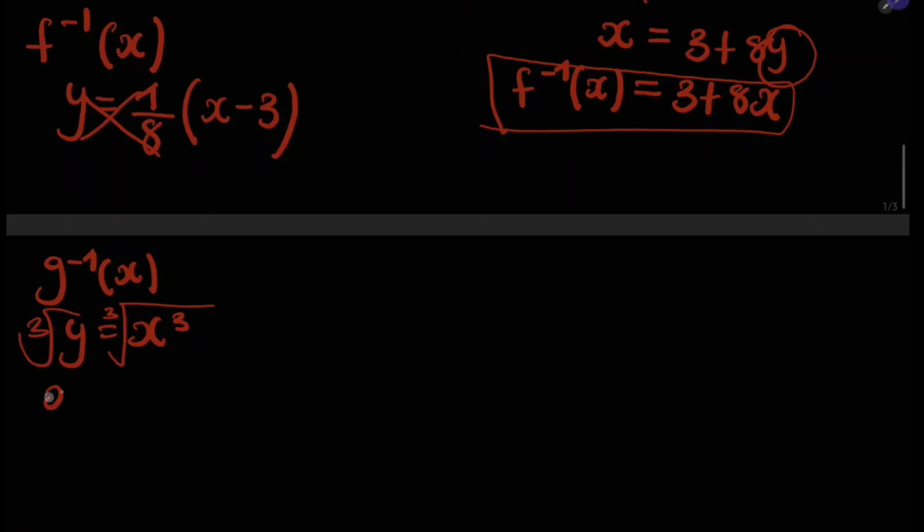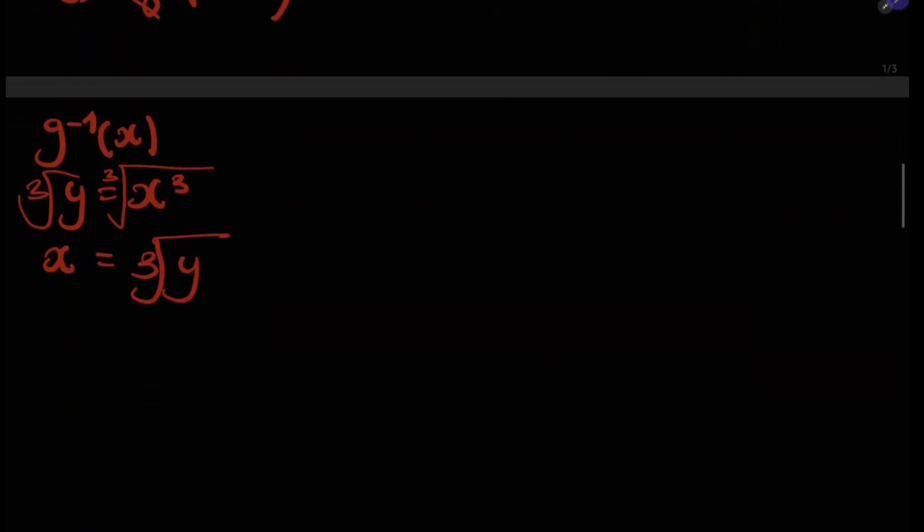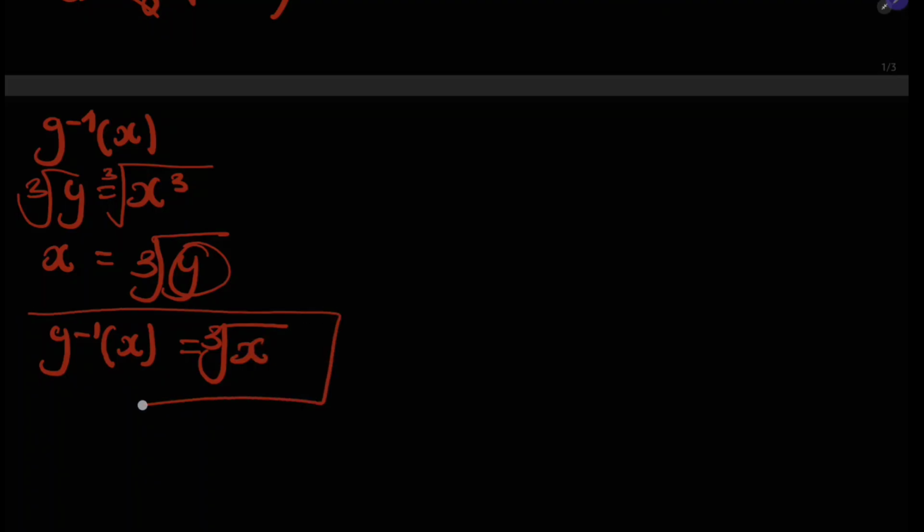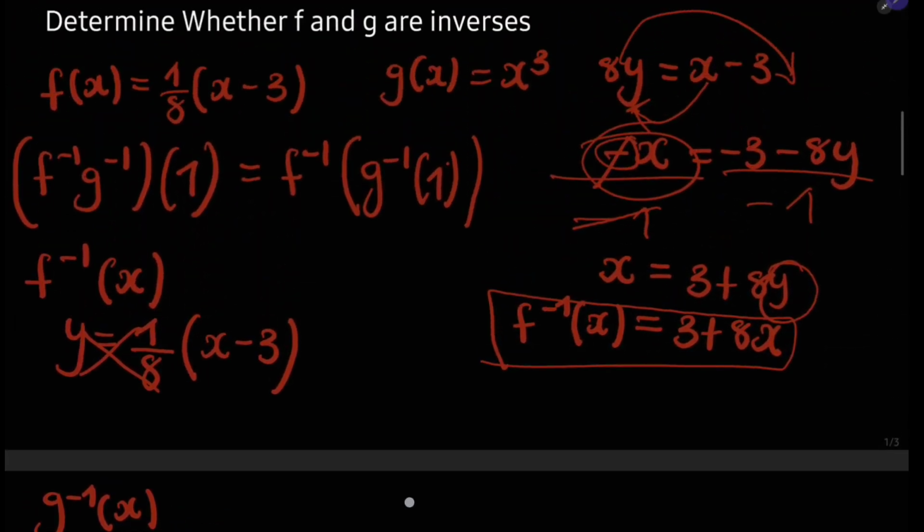And we are going to have x is equal to the cube root of y. So this is it. Now we are just going to say g inverse of x is equal to, replace y with x, the cube root of x. So here we have it.